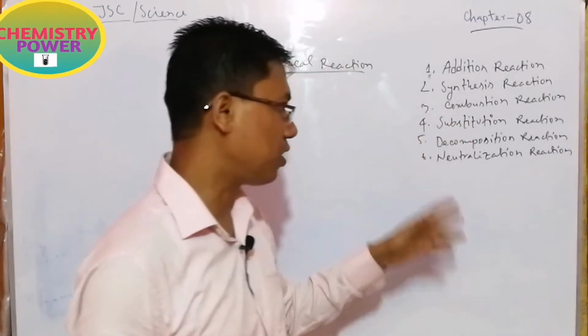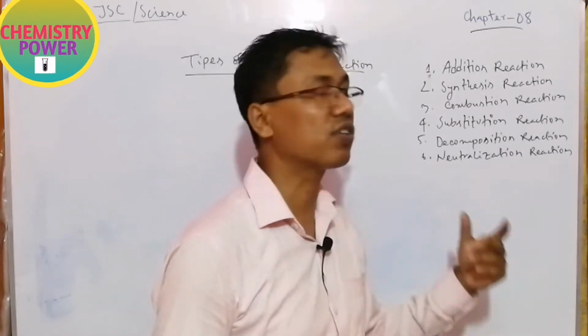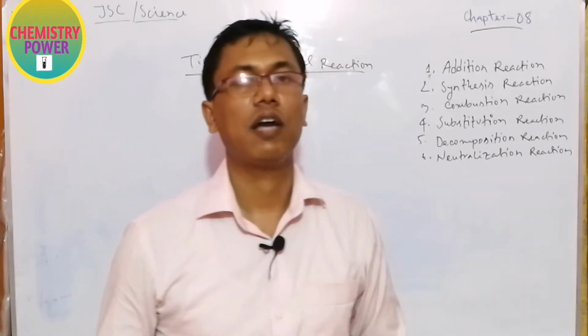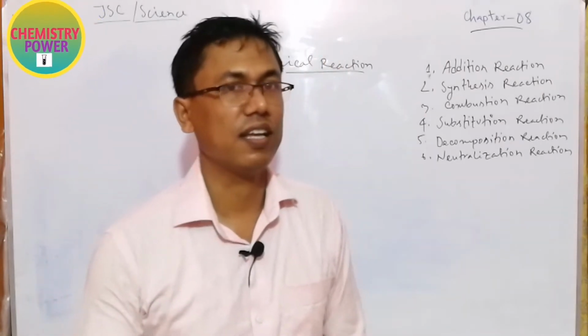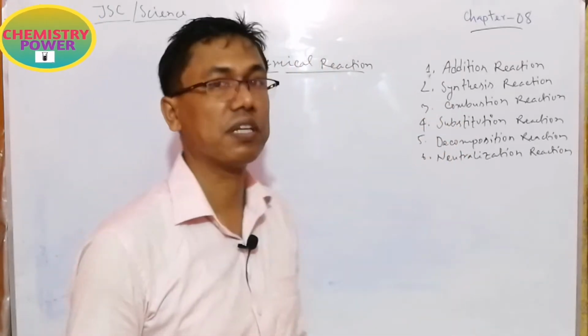Number 5 decomposition reactions. Number 6, the last one, is neutralization reaction or acid base reactions. So I will try to describe all of these reactions elaborately, step by step.